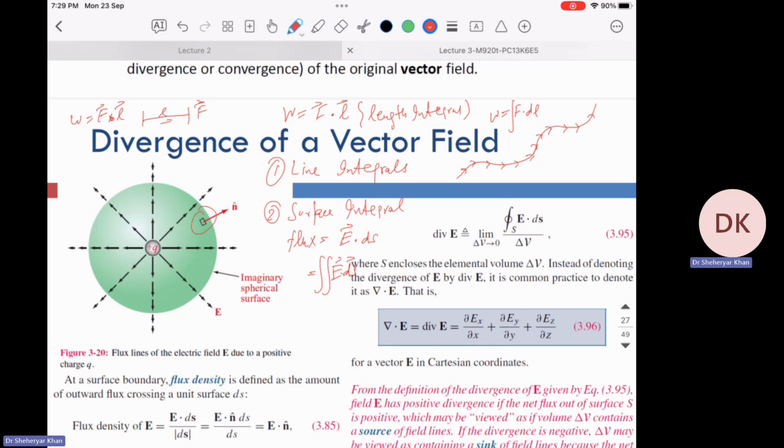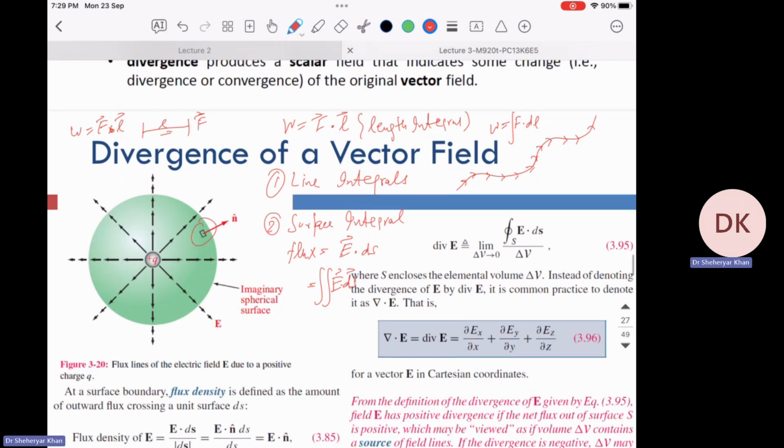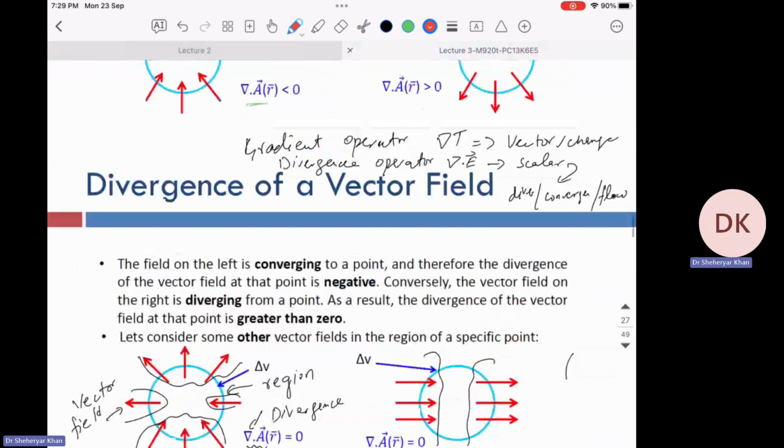Similarly, in the upcoming slide, I will show you that there are certain quantities that actually use volume integration to find out the quantity. Remember in our previous example, we learned.